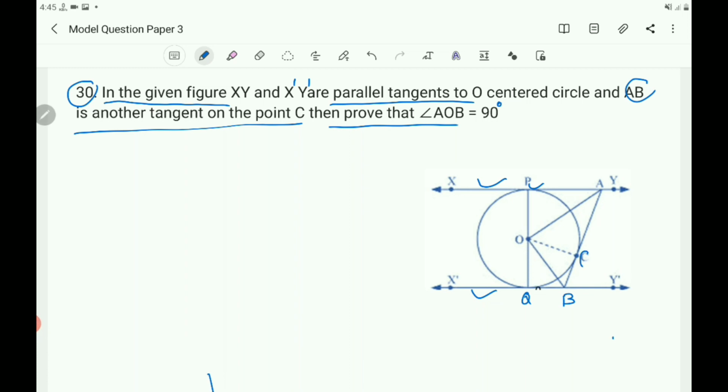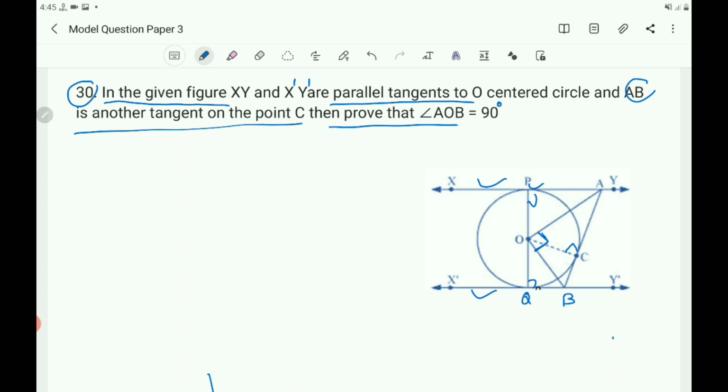Now here C is a point of contact, AB is a tangent, OC is also radius, then OC is also perpendicular to AB, this is also 90 degree. But here what you have to prove? You have to prove that angle AOB, this angle is 90 degree.